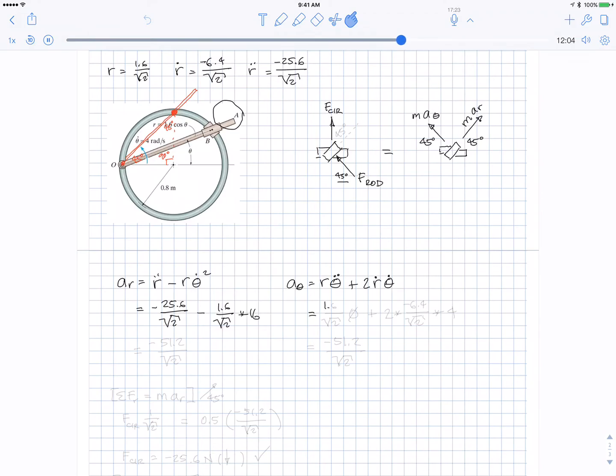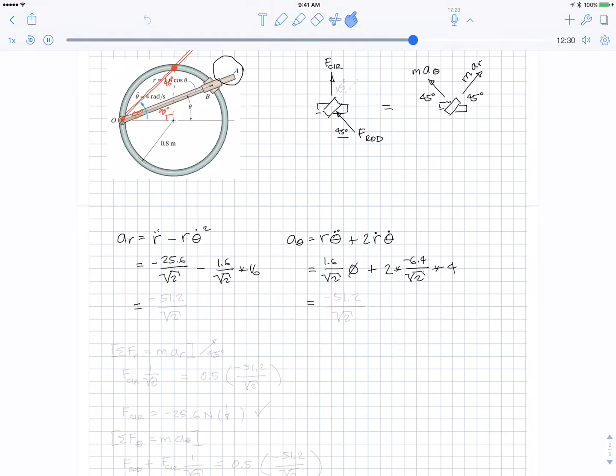For the theta component, r is 1.6 over square root of 2. I didn't have to do that term because theta double dot is 0. Plus 2 times r dot, which is minus 6.4 over square root of 2, times theta dot, which is 4. So let me clean these up a little bit and come right back. Coincidentally, or maybe it was designed like this, both of these come out to minus 51.2 over square root of 2.